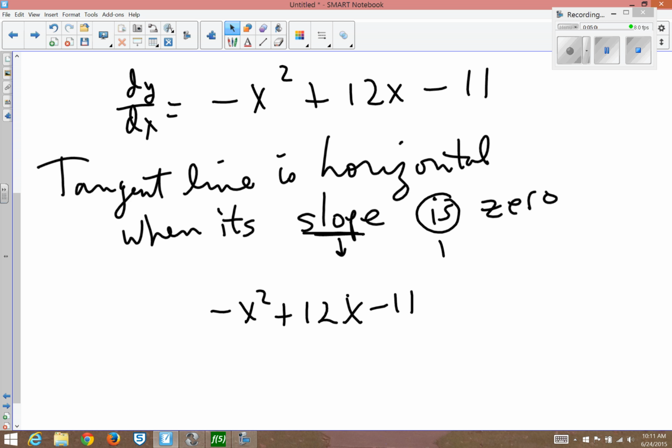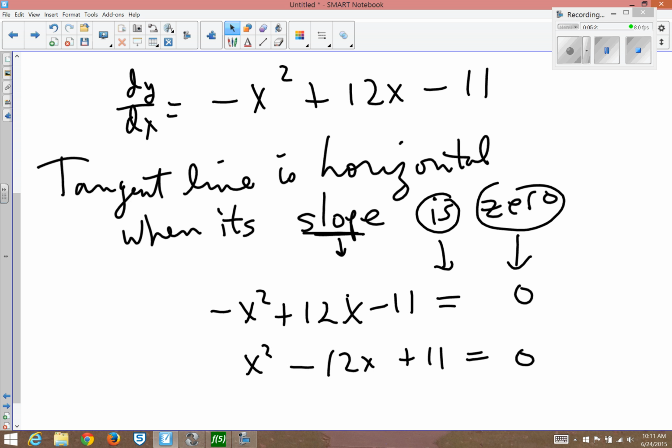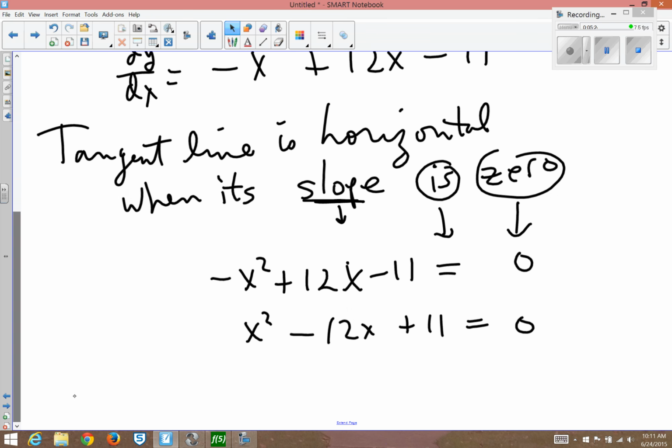The symbol for this word, the symbol for is equals, and there's a symbol for that word. So we're going to solve this equation for x, use some algebra. I divided both sides by -1.